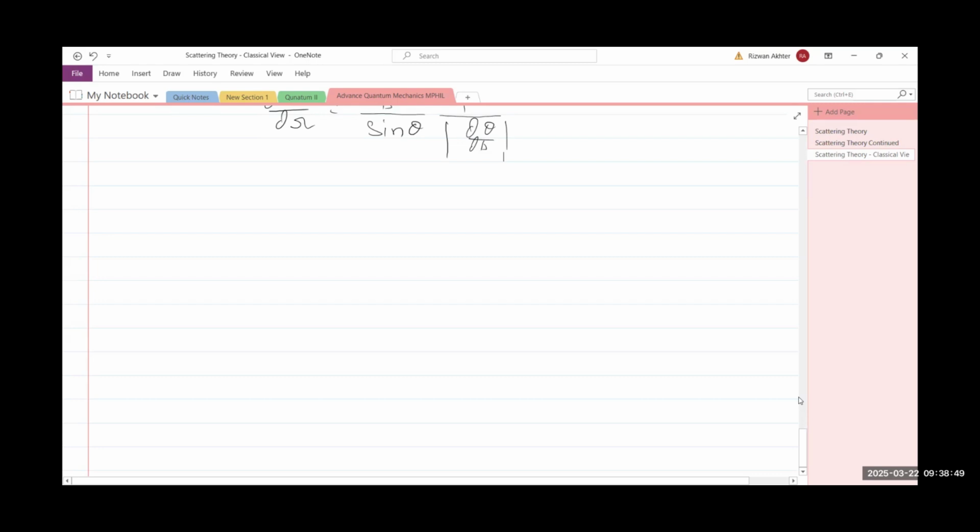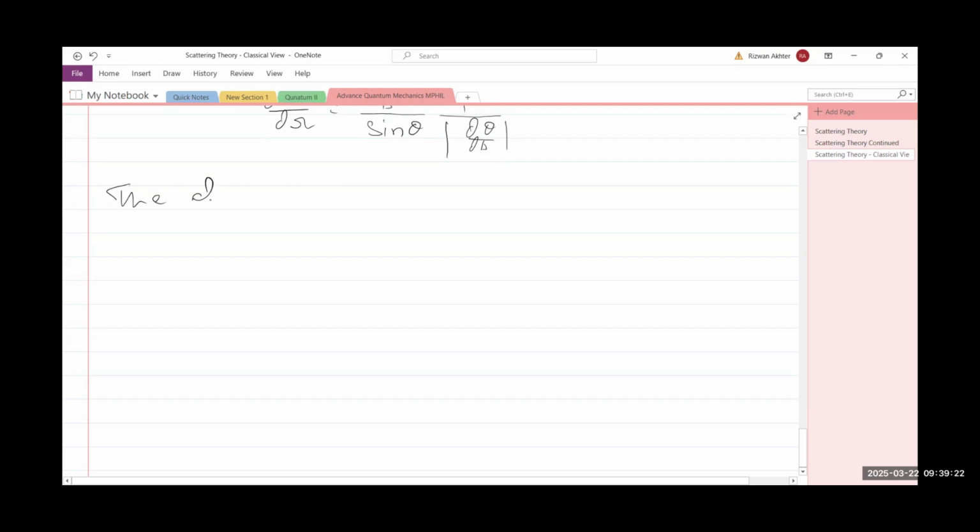Because the observed count of particles is always positive. So अगर हमारे पास इस differential का db upon d theta या d theta upon db अगर negative आ रहा है, that does not make any sense because the count of the scattered particle would always be a positive quantity, so that's why we have written it here.